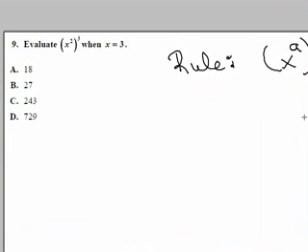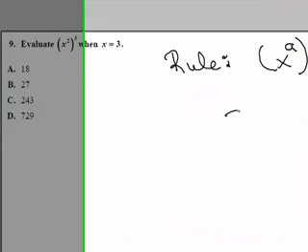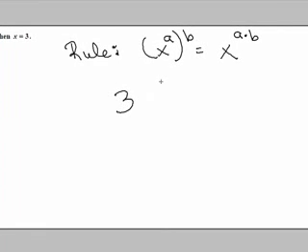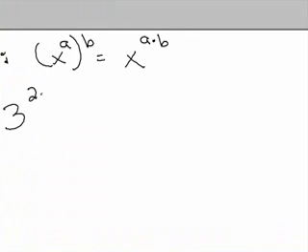So if the exponent is 5, you take that base and you times it by itself 5 times. So you'll get something like this, 3 raised to the 2 times 3 power. Remember, multiply the exponents, get your new exponent, and then take that base and times it by itself that many number of times.